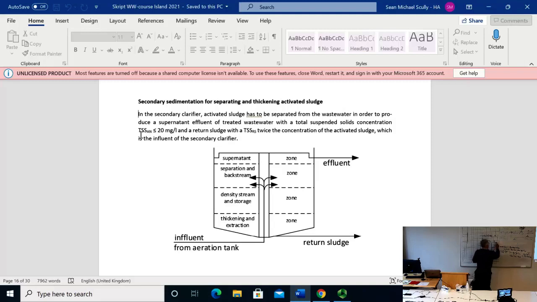No? And this is the sludge volume. Well, this is what I mentioned before, but we really just need it here.